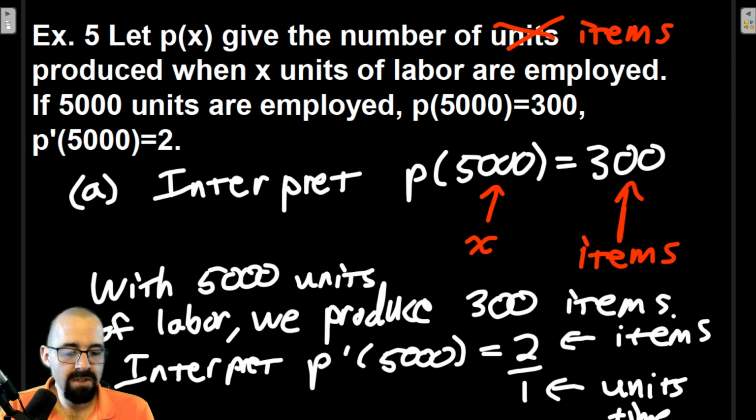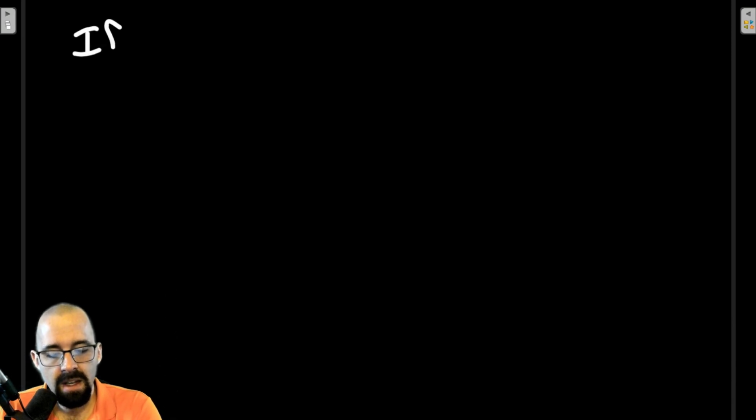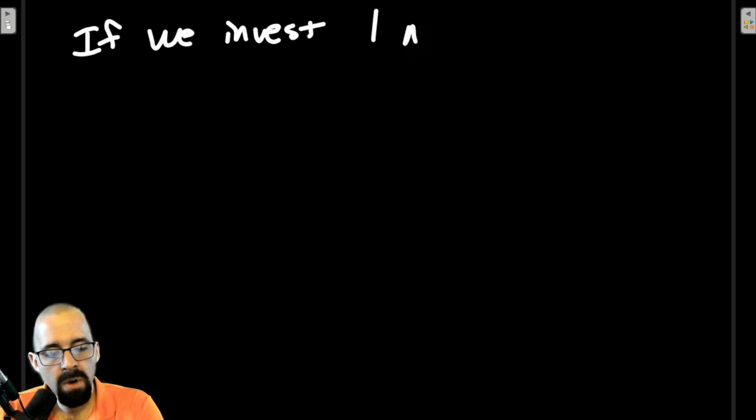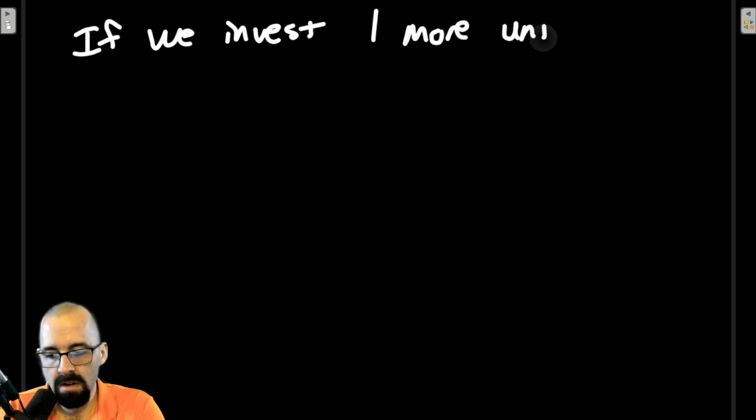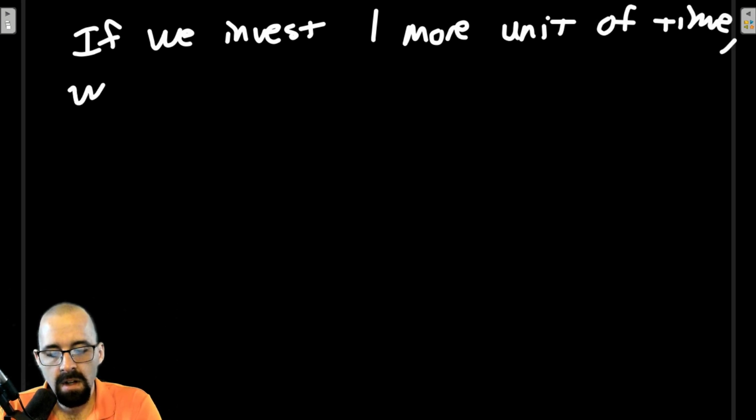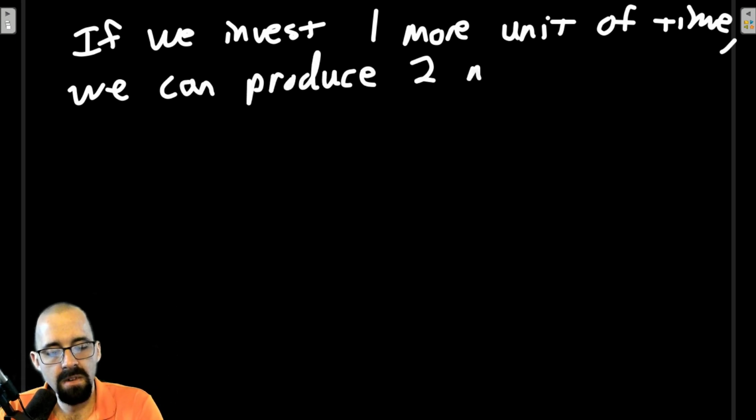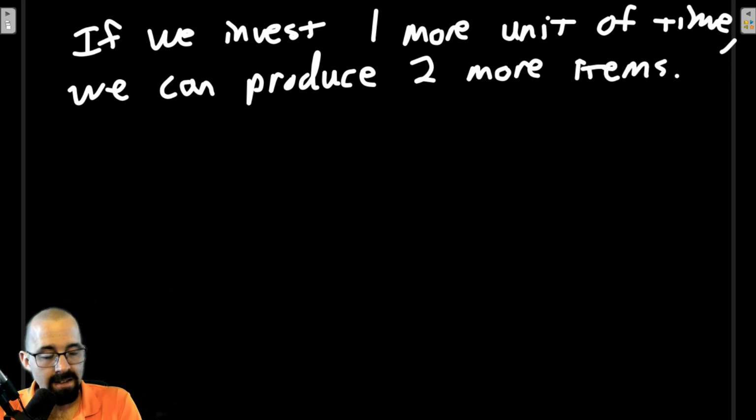We're going to say that we have 500 units of time being invested for 300 items. But if we have 1 more unit of time, we get 2 extra items, which seems like a pretty good deal right now. And that's going to be our answer. So if we invest or employ 1 more unit of time or labor, we can produce 2 more items, which again is a way better deal than spending.